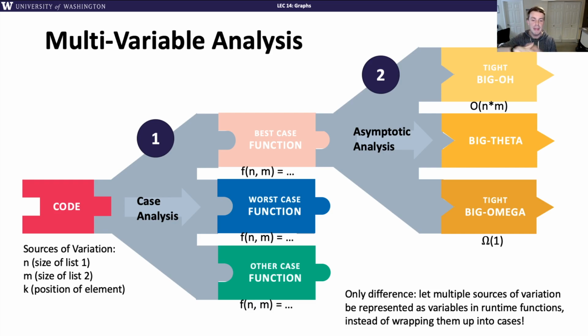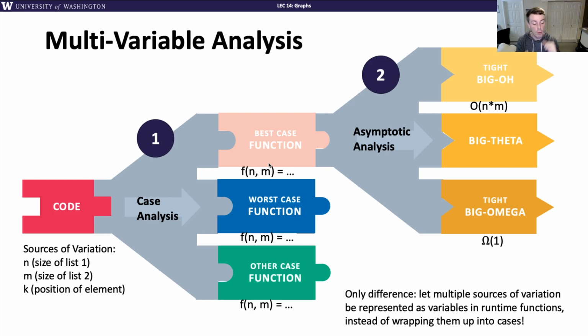You could still come up with a best case or a worst case or any other case. But now the function that you come up with will be in terms of multiple variables. So we lied a little bit when we said you had to have a single variable in your runtime function before. This is the full truth, where you allow it to have multiple variables depending on how many inputs you actually have.